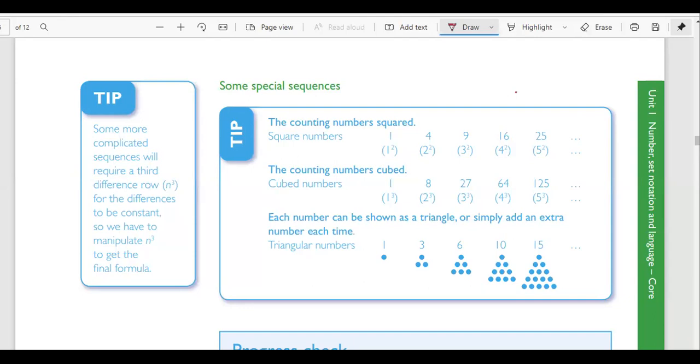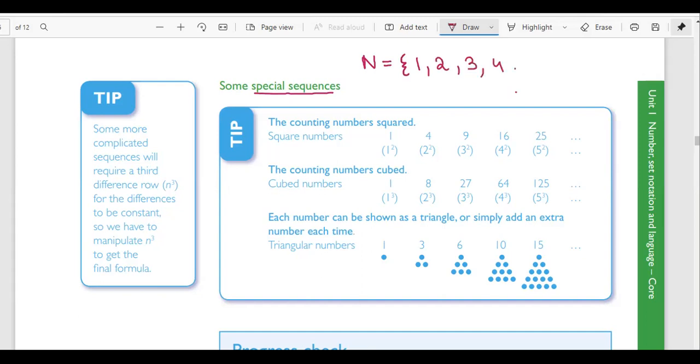Yes, ma'am. Okay. Right. So we are going to discuss some special sequences. Initially, we have been talking about numbers, about natural numbers: 1, 2, 3, 4, and so on.